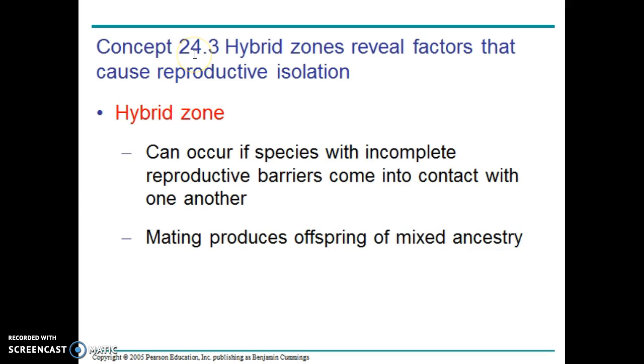Concept 24.3 is looking at hybrid zones, which illustrates how some organisms are related and have diverged. And this very well could be the case with those cichlids in some years to come. A hybrid zone is where there's a boundary overlap of a habitat between two different species.